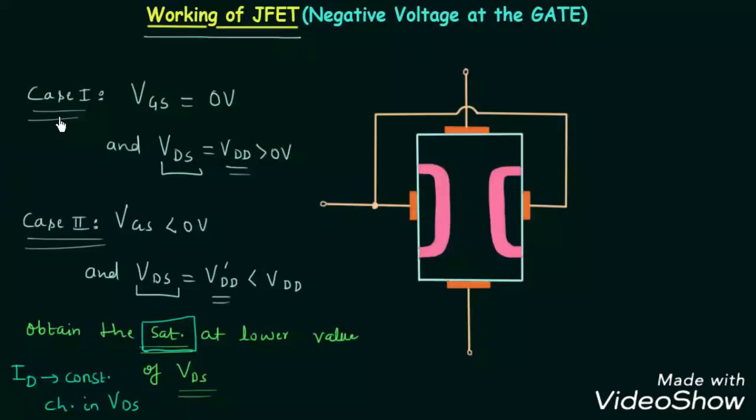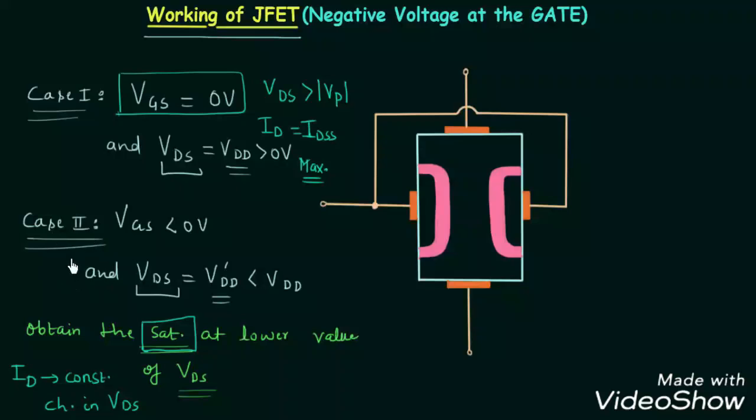In the case number 1, when VGS is equal to 0 volt and when VDS is greater than magnitude of pinch voltage VP, then ID is equal to IDSS. IDSS is a constant current and it is the maximum drain current.